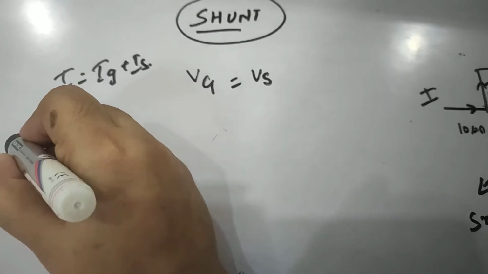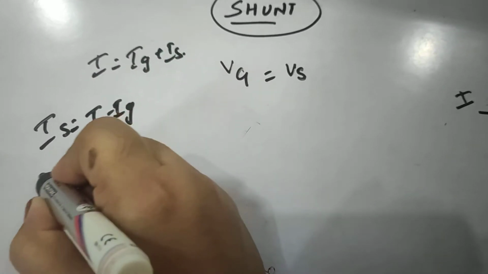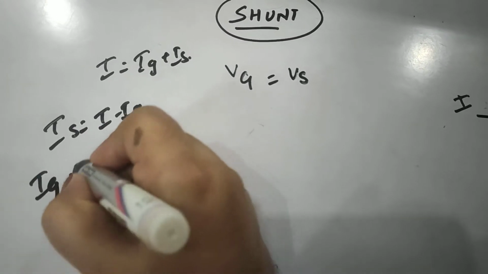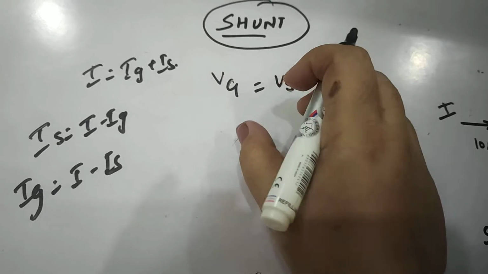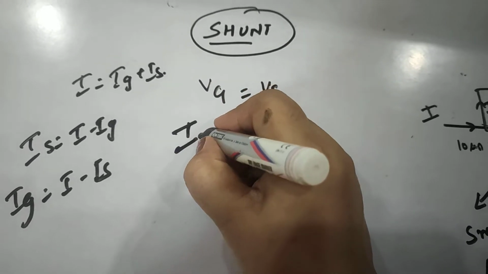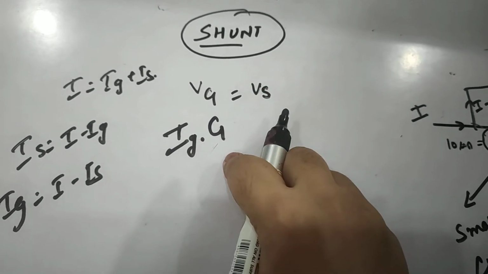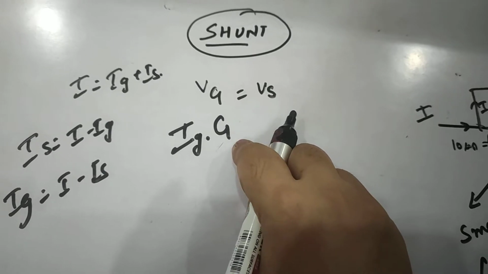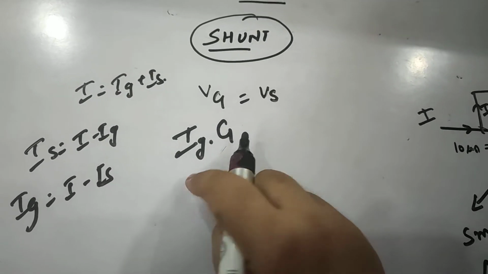From this we can find Is is equal to I minus Ig, and Ig is equal to I minus Is. Now Vg is the voltage across the galvanometer, so that will be written as Ig into G, where capital G is the resistance of the galvanometer and Ig is the current passing through the galvanometer.